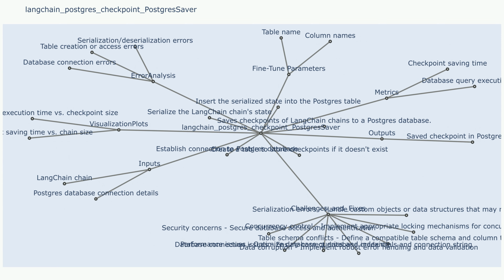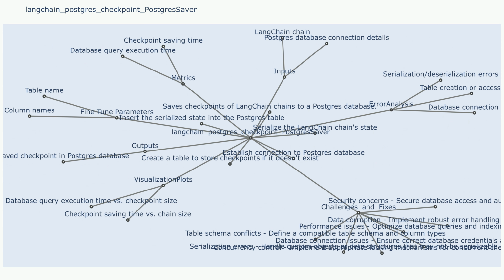Outputs: saved checkpoint. The checkpoint information is stored as a row in the specified table within the PostgreSQL database. Loaded checkpoint. The checkpoint information is retrieved from the database and used to restore the state of the LangChain chain. Steps: establish database connection.